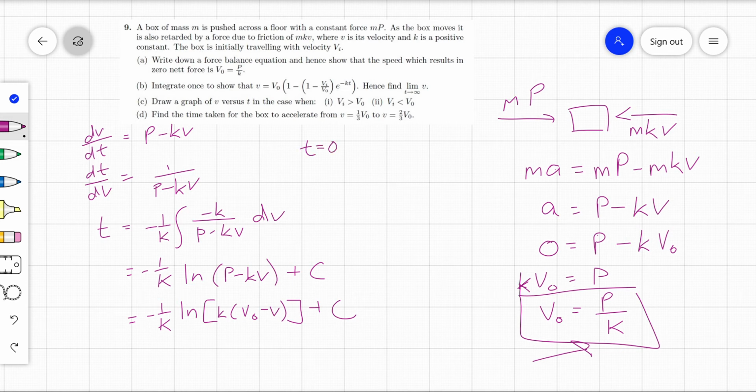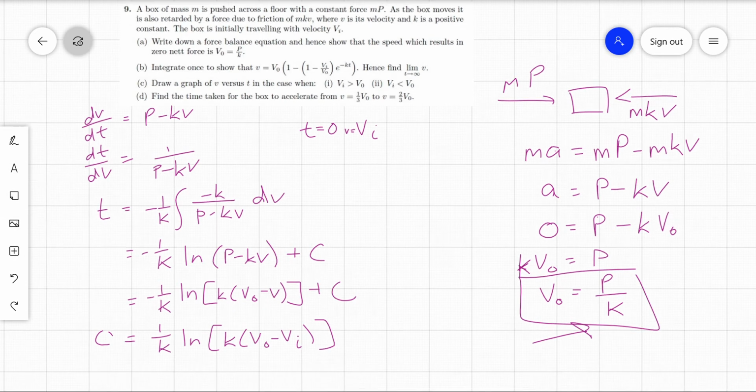So t equals 0, the initial velocity is vi, v equals vi. Alright, so let's do that. So you can see here that c is going to be equal to 1 on k log (kv0 minus vi). Alright, that's our c.